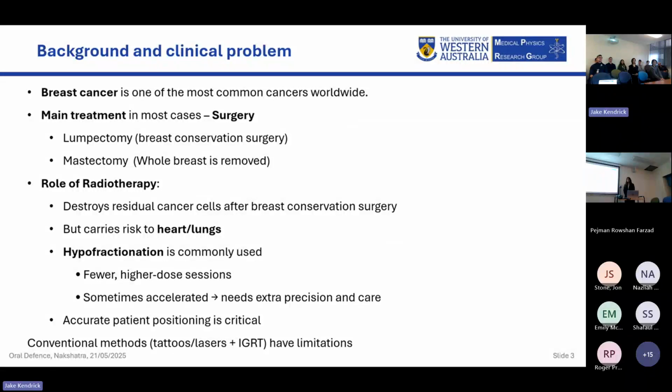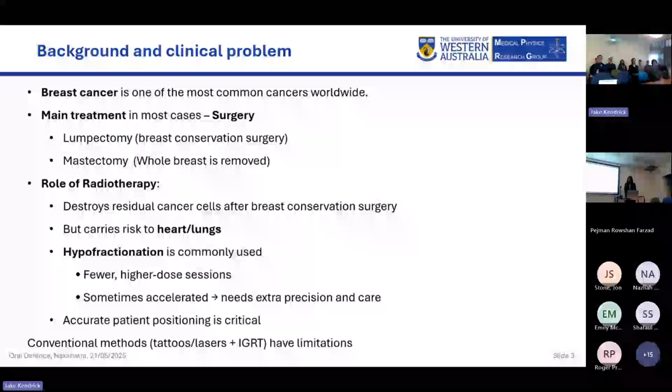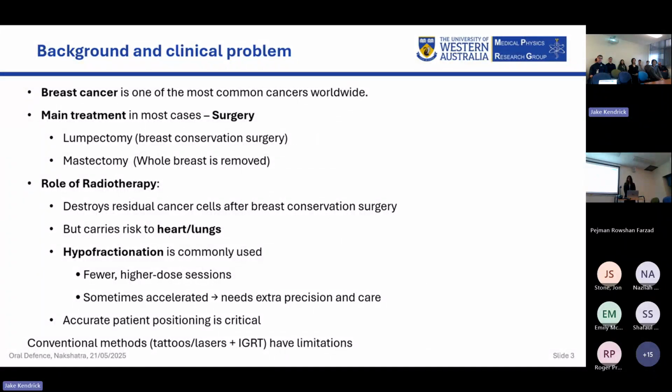Now, this comes with a few added complications in addition to the radiation dose. Because of the proximity of the heart and lungs to the breast, even small inaccuracies in patient positioning can actually increase the dose to these critical organs. Also, in breast cancer, hypofractionation is a very efficient method, and also it's very accessible.